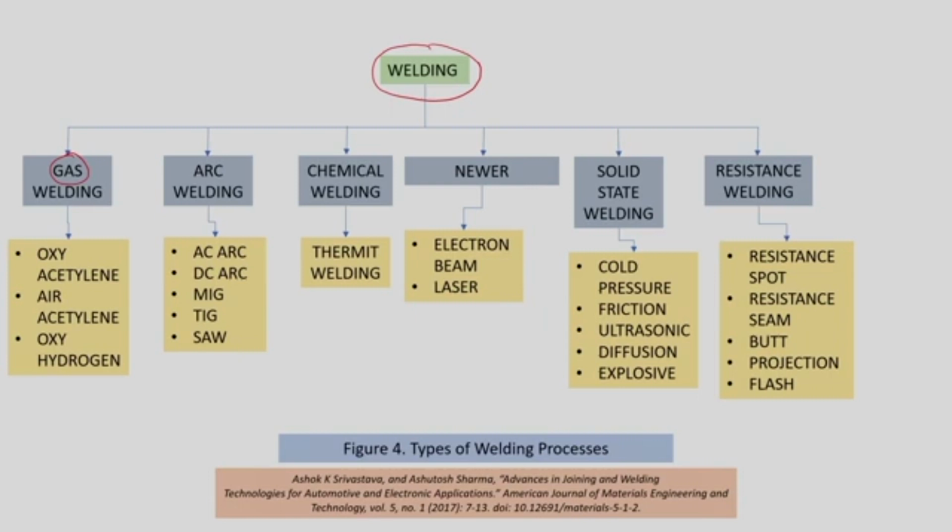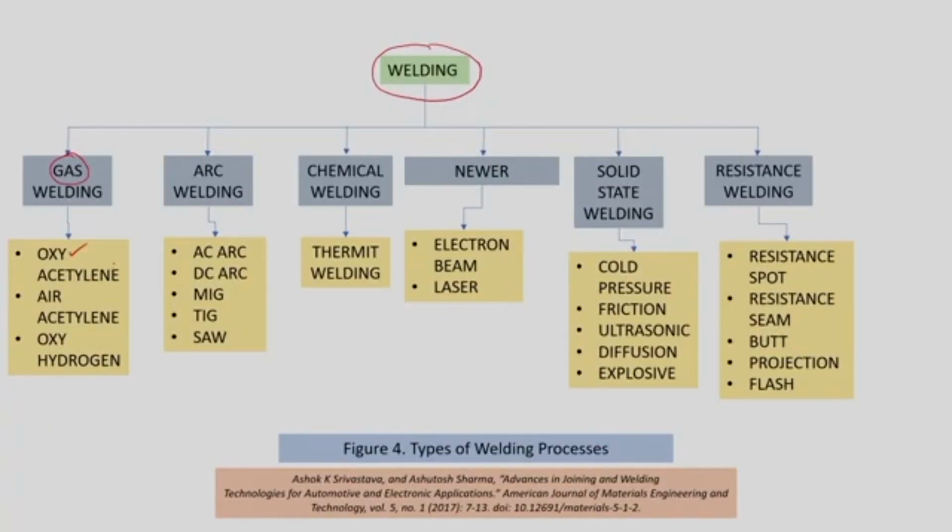In this case various types of gases such as oxygen and acetylene are used to generate thermal energy, heat, and that heat or thermal energy is used to melt the materials. When we use oxygen and acetylene, that is called oxyacetylene gas welding, we are generating a flame of oxyacetylene gas mixture, and then that flame is utilized to melt the materials which need to be joined together.